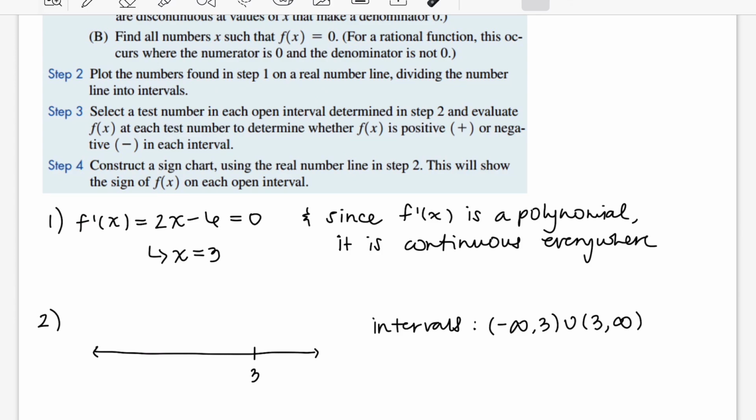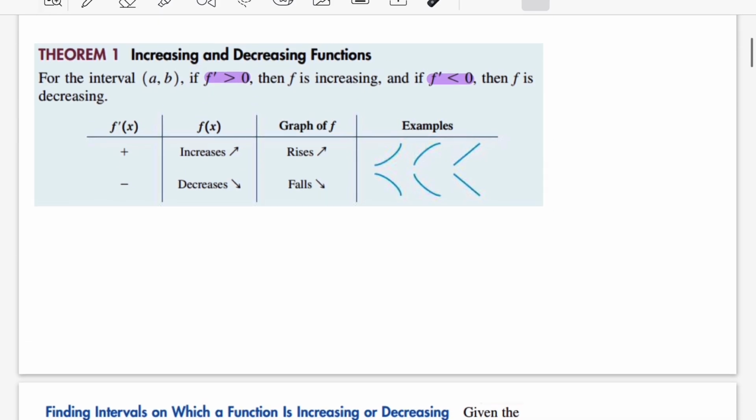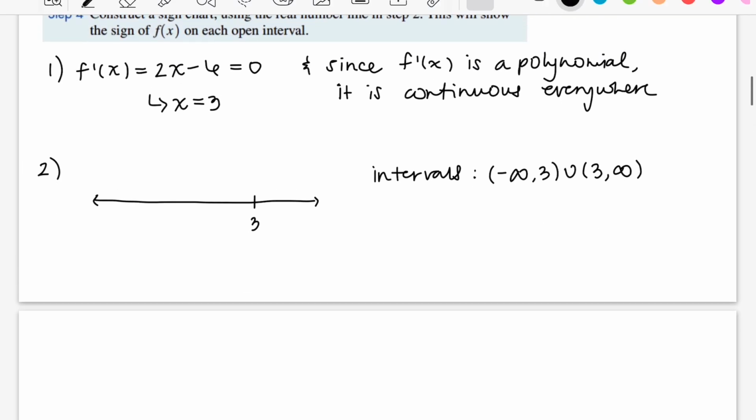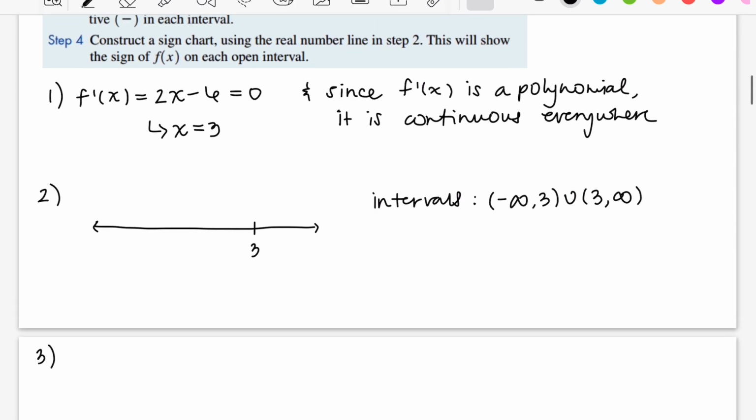So each test number will tell us if f prime of x is positive or negative, and then once we have that information, we'll construct a sign chart, and then if we find that f prime of x is positive, then our function's increasing, and if it's negative, our function's decreasing. So this is going to be our test numbers, so we're evaluating our derivative at these numbers.